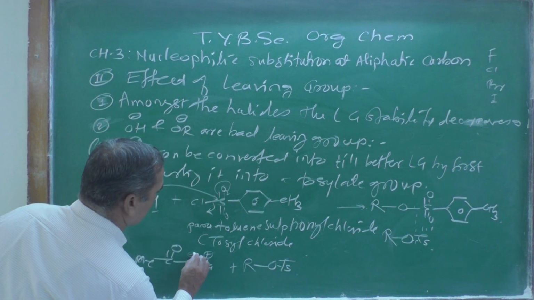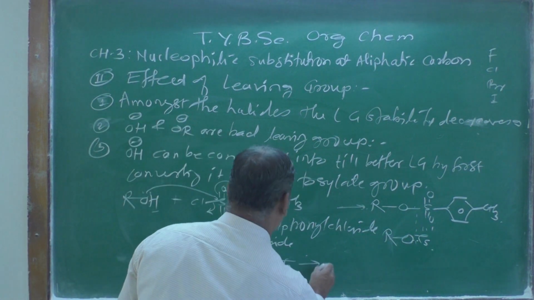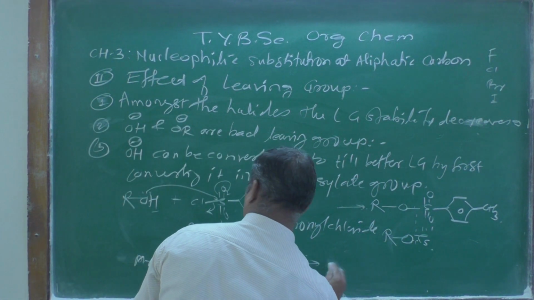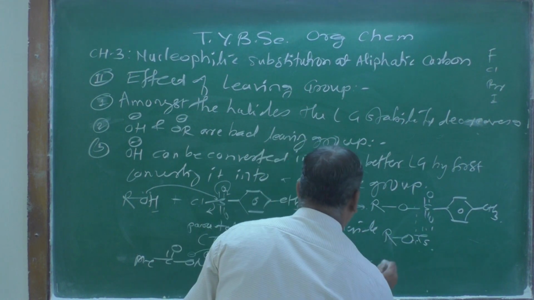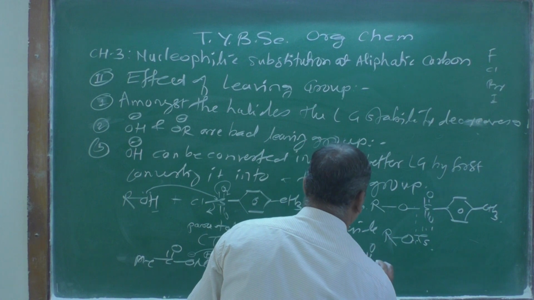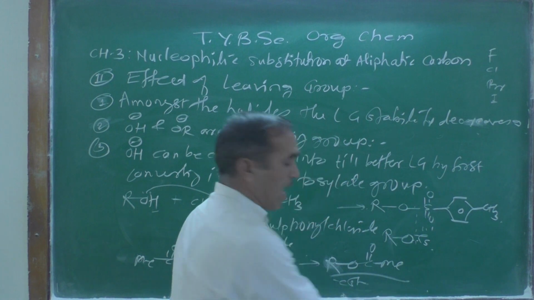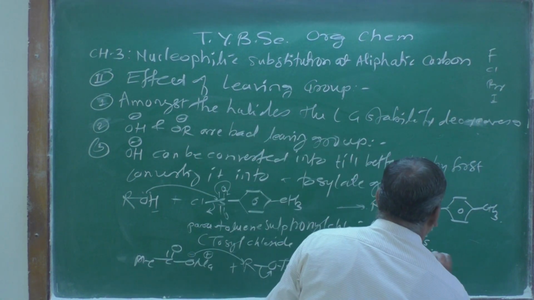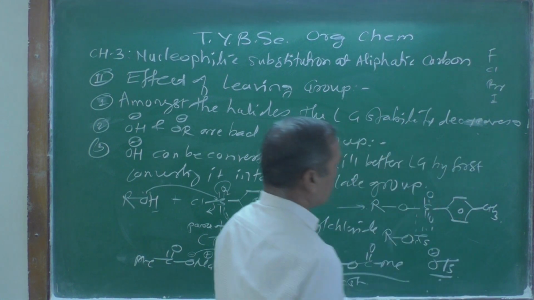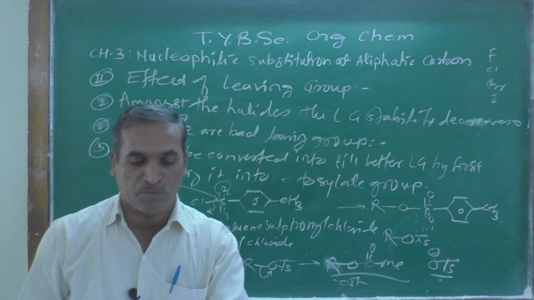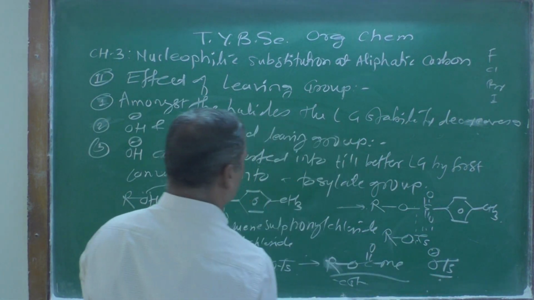This negative charge attacks that R, and we are going to get R, then O, C double bond O, and Me. That is an ester we are getting here, and the leaving group will be O minus Ts, the tosyl group, which is an excellent leaving group because it is stabilized.